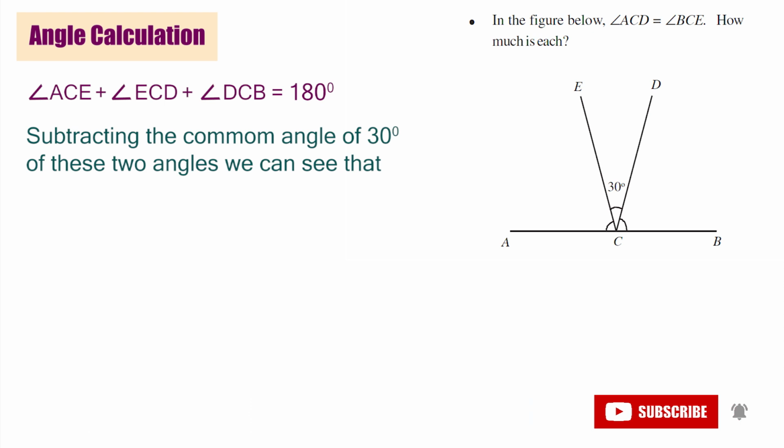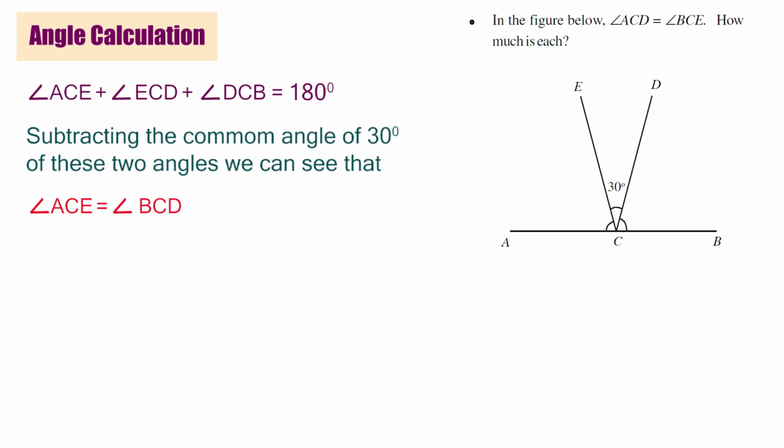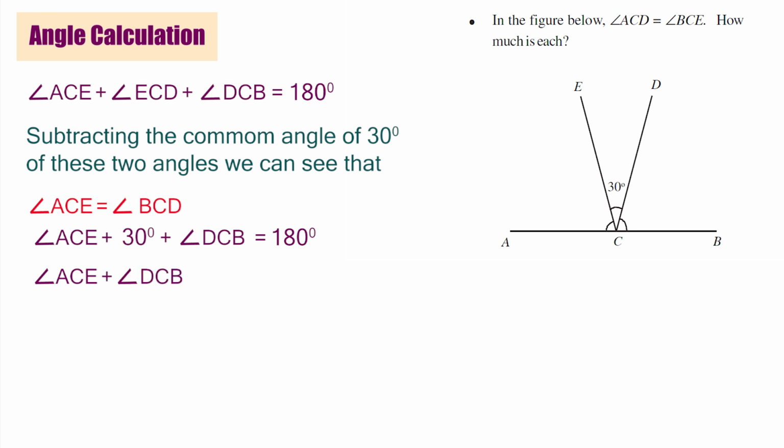Subtracting the common angle of 30 degrees from these two angles, we can see that angle ACE equals angle BCD. So we can write angle ACE plus 30 plus angle DCB equals 180 degrees. Angle ACE plus angle DCB equals 180 minus 30, which equals 150 degrees.